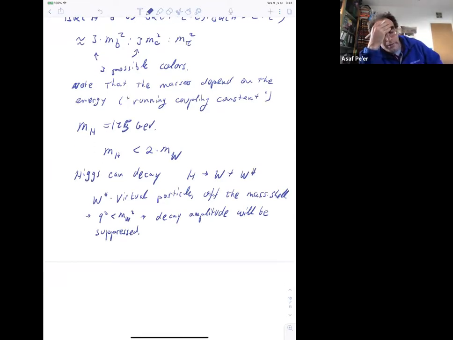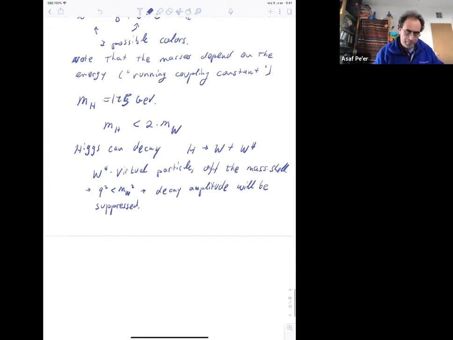Another comment is that the Higgs can end up decaying into photons and gluons, namely into massless particles. But of course, it's not going to do it directly, but via a loop of quarks, such as the top quarks, or the W boson.